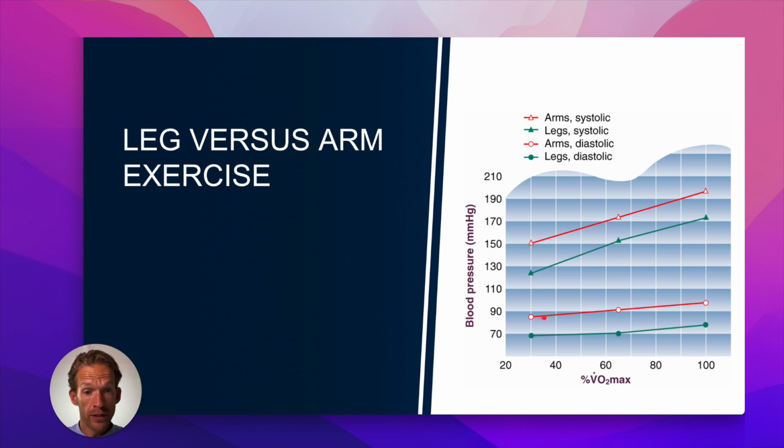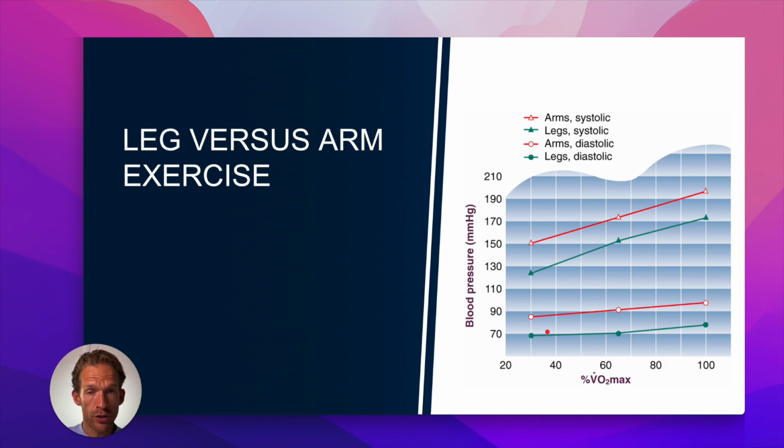So in red, you see diastolic pressure here, systolic pressure there for arm exercise, and in green you can see the leg exercise values for again systolic and diastolic. And what is interesting to note here is that for both diastolic and systolic values, arm exercise will cause a significantly higher blood pressure, both diastolic and systolic, compared to leg exercise.